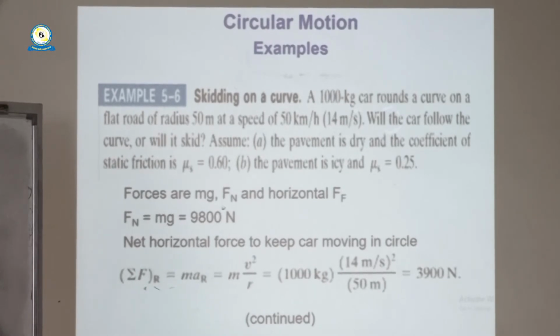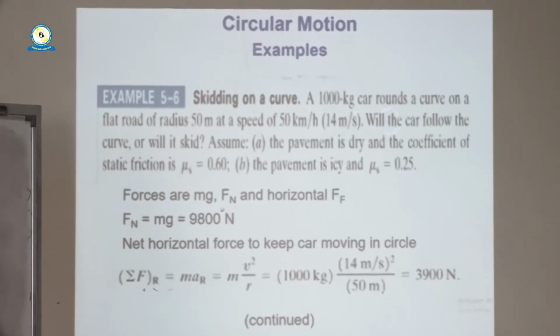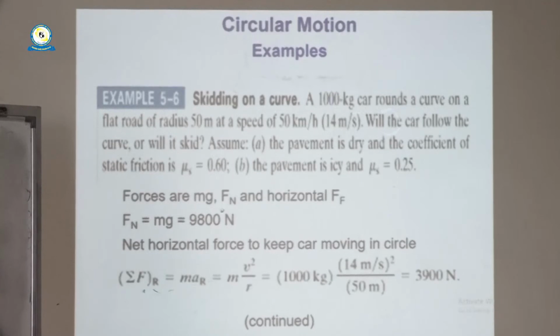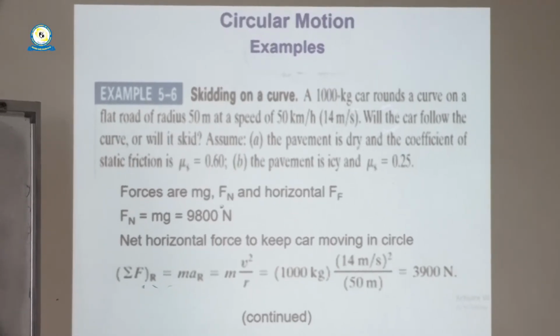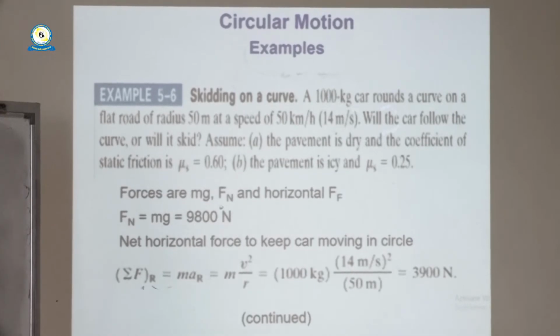Assume A, the pavement is dry and the coefficient of static friction is mu s equal to 0.6. But B, the pavement is icy. Ice is like glass, and mu s static is equal to 0.25.